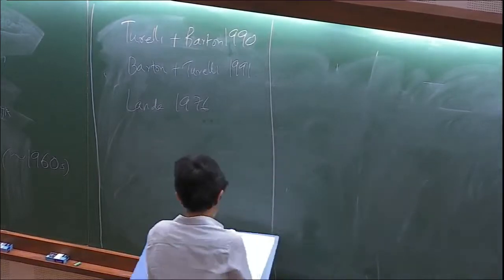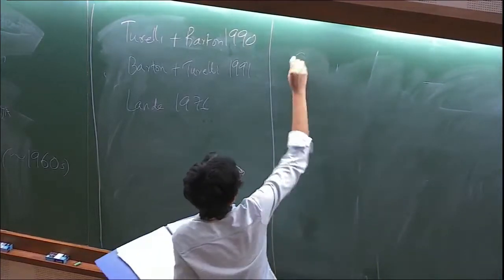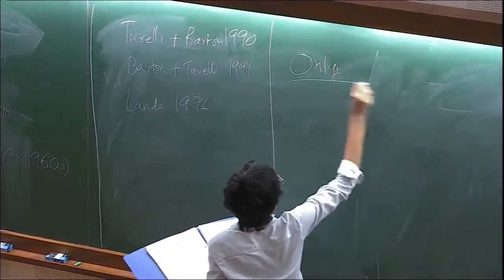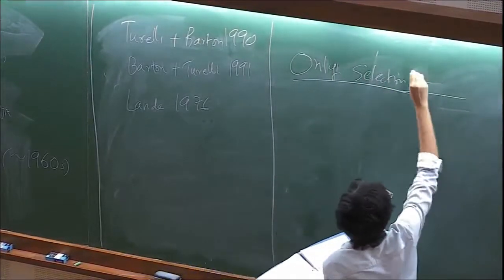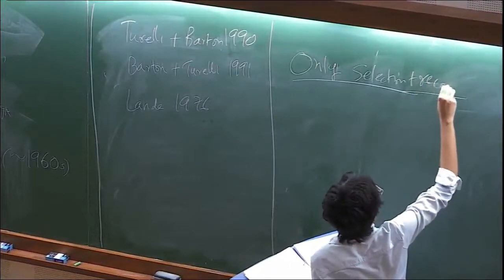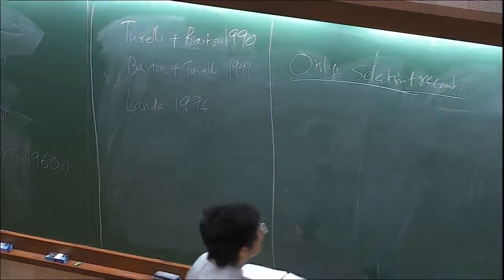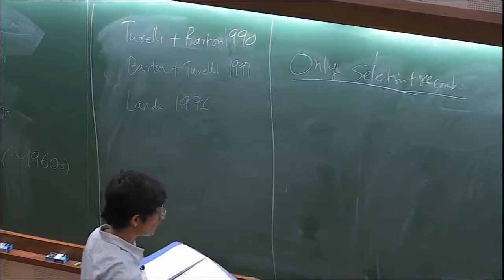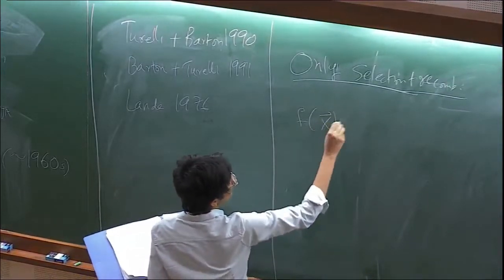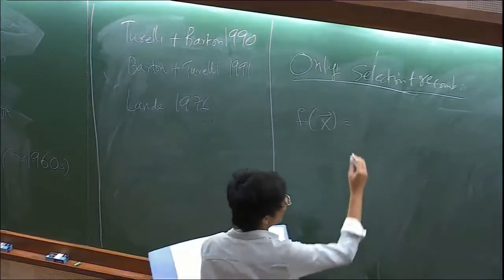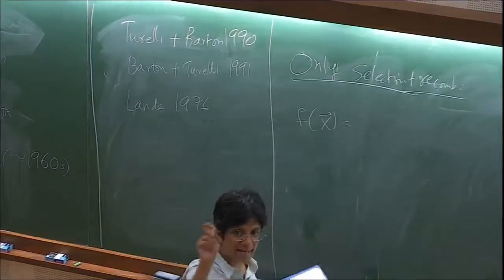Okay, so let's write down only selection and also recombination. No mutation, no drift. That's the sort of species I'm thinking of. So f of x vector denotes the frequency or the distribution of these states that I said.